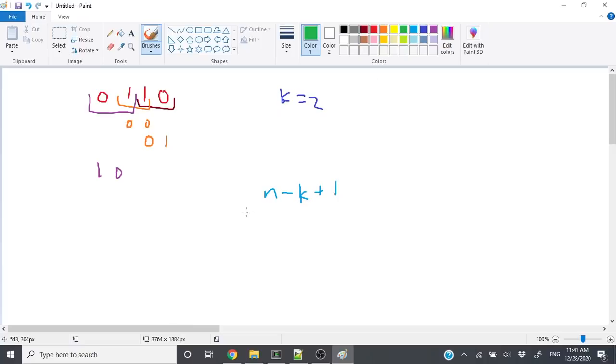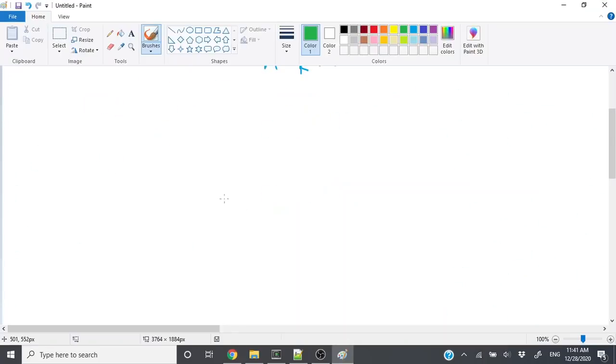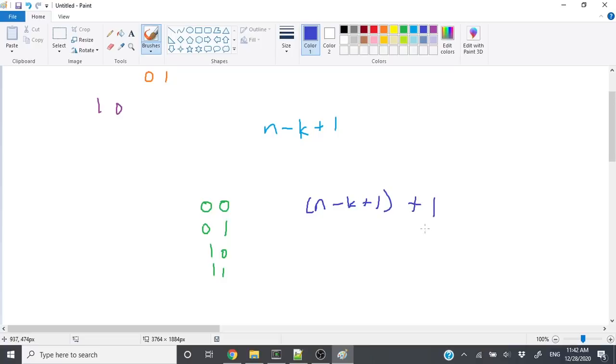Which means, say we just tried all strings in lexicographic order. Say we tried, for example, 0, 0, then 0, 1, then 1, 0, then 1, 1. We would find a match quickly. We would find a match in at most n minus k plus 1 iterations, because only this many strings are invalid. It's like the pigeonhole principle. By the pigeonhole principle, at least one of these strings must be valid.